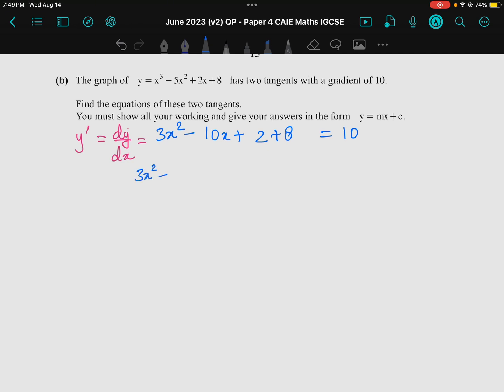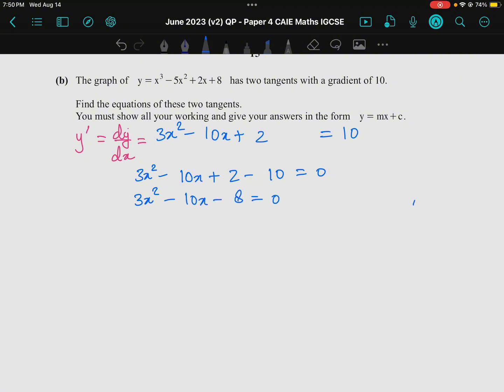So it is 3x square minus 10x plus 2, sorry, this is not 8. The dy by dx of a constant term is always 0. Plus 2 minus 10 equals 0, so it is 3x square minus 10x minus 8 equals 0.